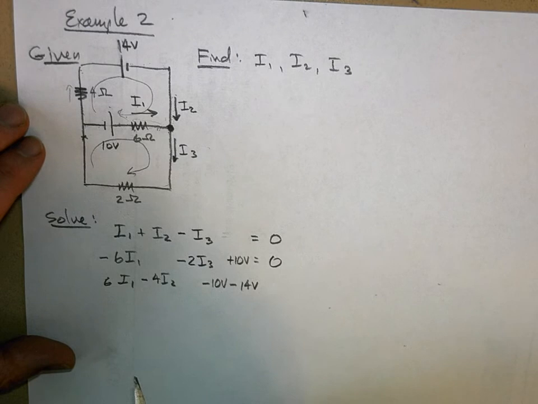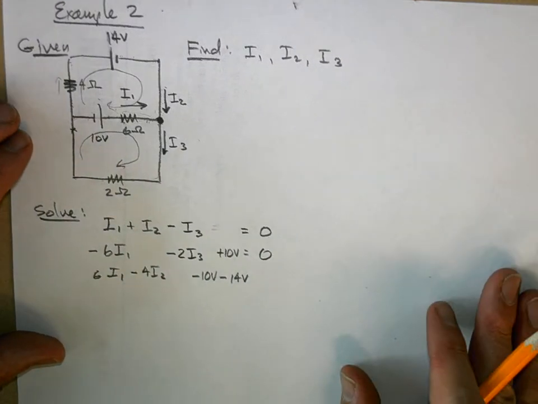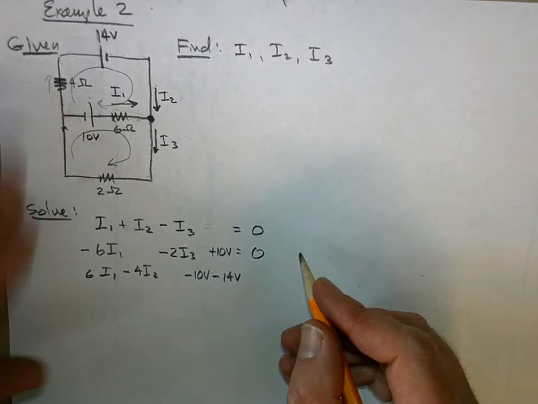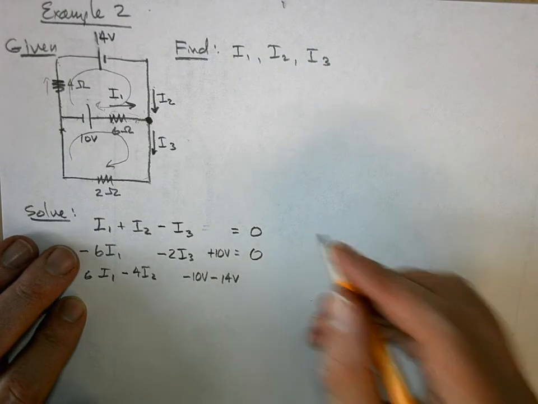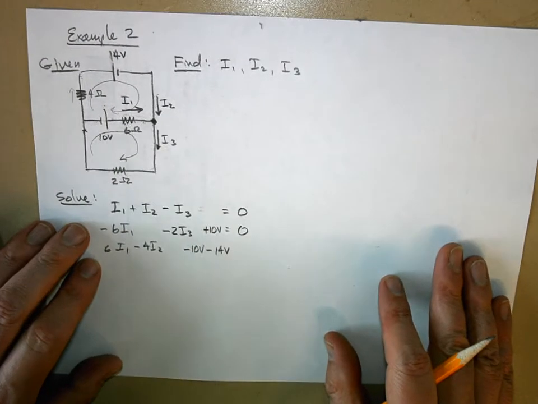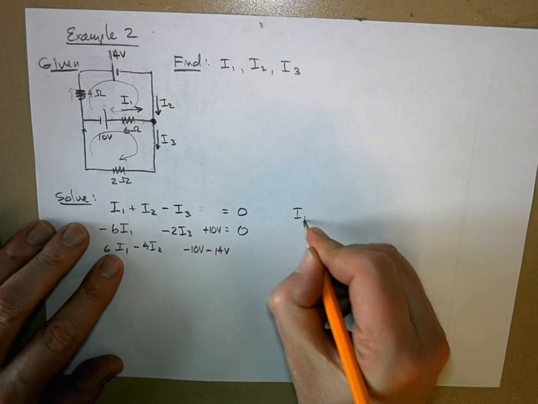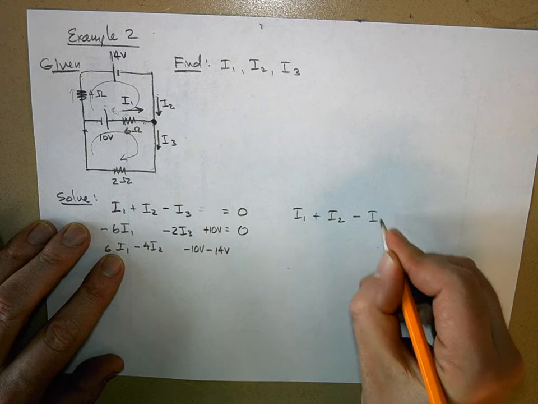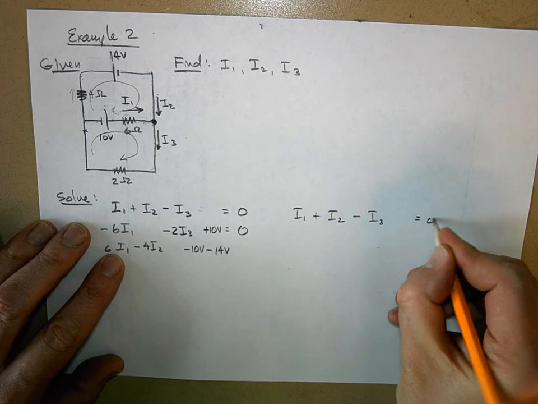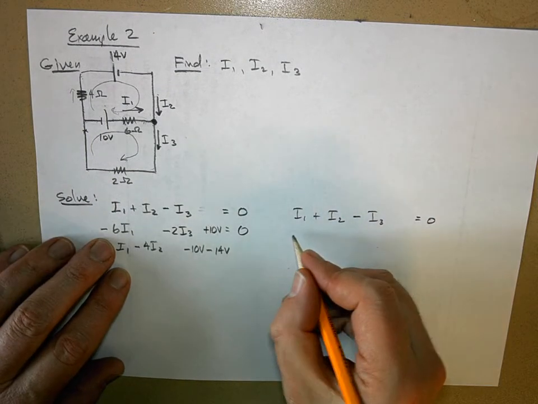Now this is kind of sloppy, so let's rewrite it and combine stuff. I'm going to put all the I1 stuff in one column. Let me zoom out a little bit because this takes a lot of room. So I've got I1 plus I2 minus I3 equals 0. And I've got this one: minus 6I1.